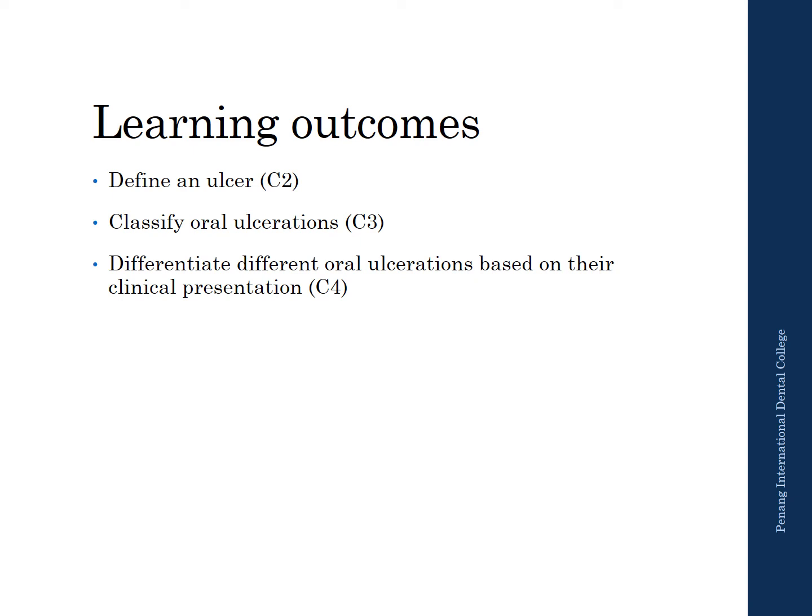The learning outcomes, as discussed in the previous lecture series, that means lecture part 1, are the same: to define an ulcer, to classify oral ulceration, and to differentiate different oral ulcerations based on their clinical presentation.